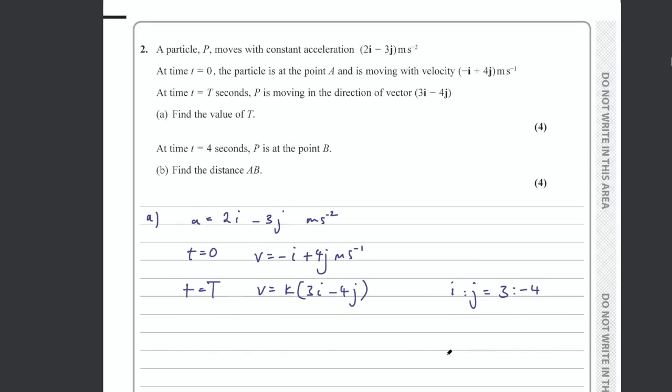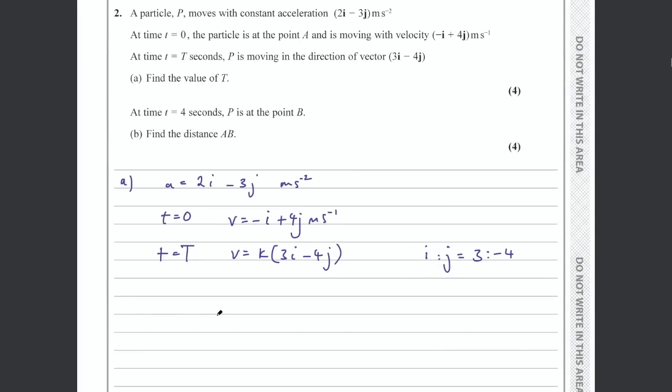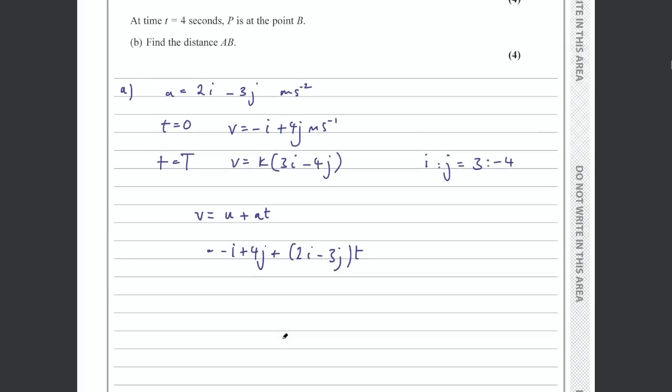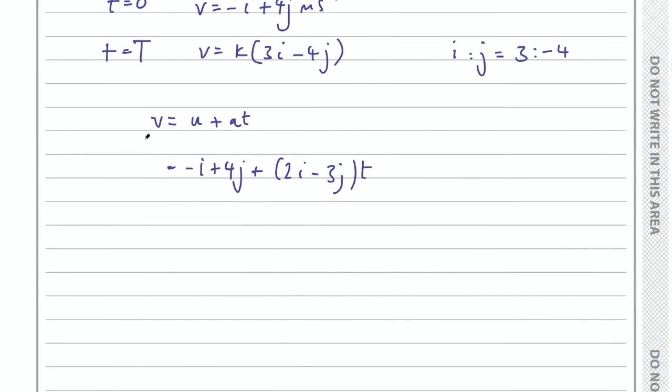So now we're going to use the fact that velocity equals the initial velocity plus the acceleration times time to create an equation which we can solve for T. So we have the initial velocity, it's negative i plus 4j. We have the acceleration, it is 2i take 3j times t. Now if we rearrange this, we're going to have a general velocity vector for any time t.